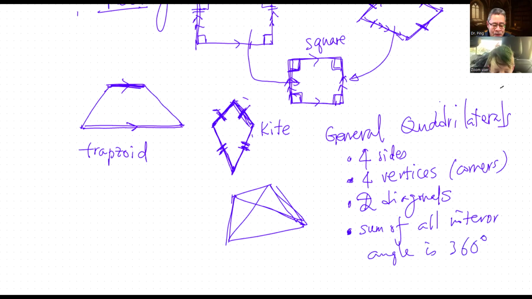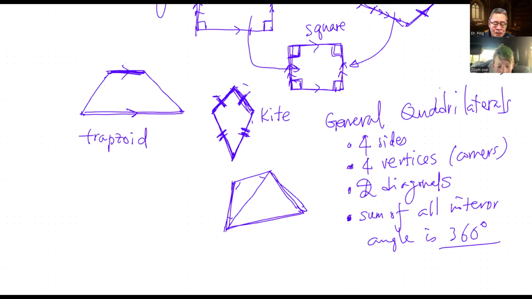This is pretty straightforward because you can cut this into two triangles, right? And we know that each triangle's interior angles sum to 180. We got two, so 360. Good?